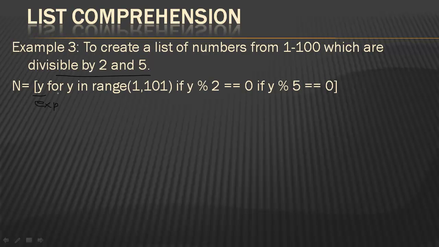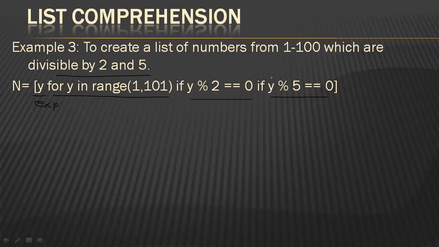And what is the value? What is the y's range? It ranges from 1 to 101. Okay. Is there a condition? Yes, it says it should be divisible by 2 and 5. I told you if you have a condition, just write it next to the for. So I wrote 2 conditions here. If y modulus 2 equals 0 and if y modulus 5 equals 0.